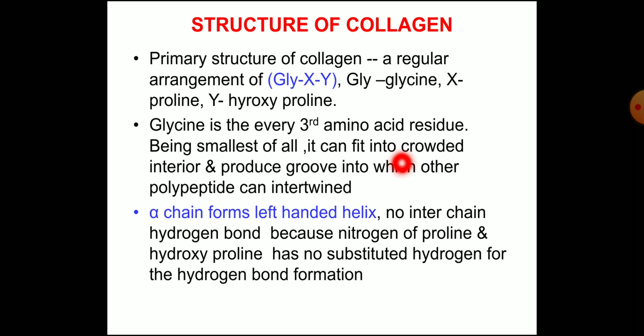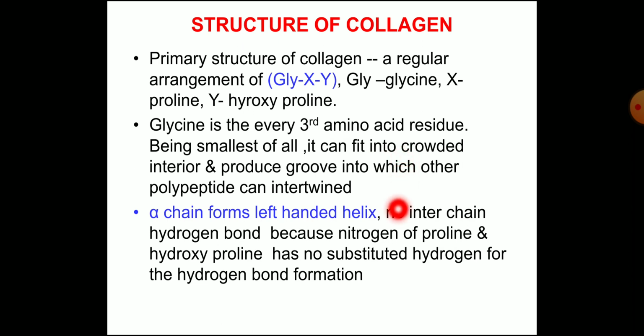Every third amino acid of the polypeptide chain is glycine. Being the smallest amino acid of all, it can fit into the crowded interior and produces a groove to which the other polypeptide chain can intertwine. So that is the importance of glycine. It can fit into a curve where other polypeptide chains can intertwine while forming the triple helix.